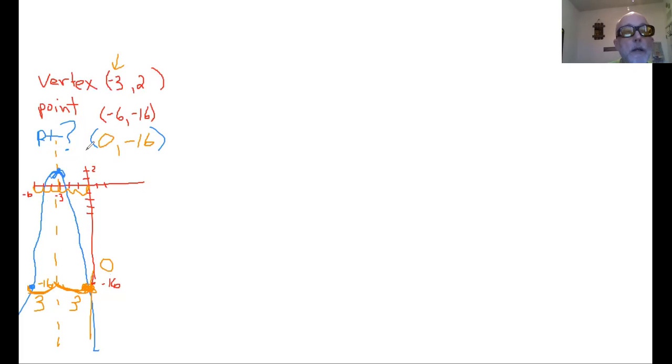And so now we have 3 dots. Hallelujah. -3, 2, -6, -16, and then 0, -16. So now let's put them in the calculator and see what all the excitement is all about.